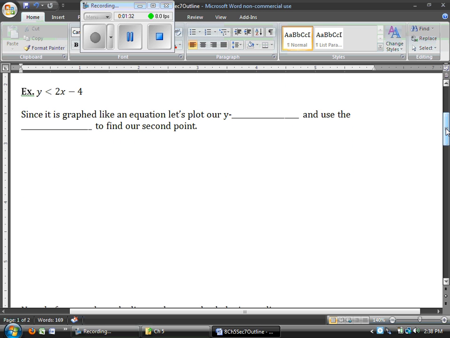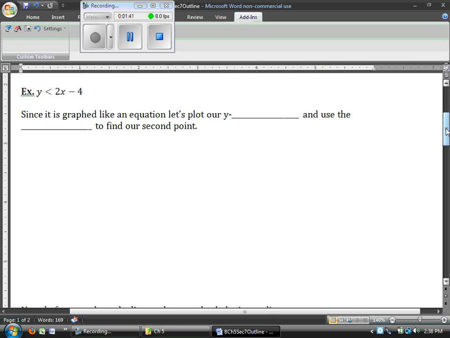Okay, so the first example, y is less than 2x minus 4. Okay, so the first thing we need to do is graph just like an equation. So let's plot our y-intercept and use the slope to find our second point.